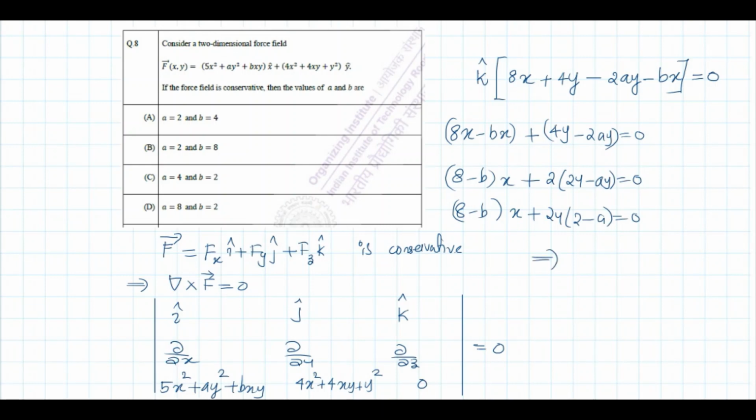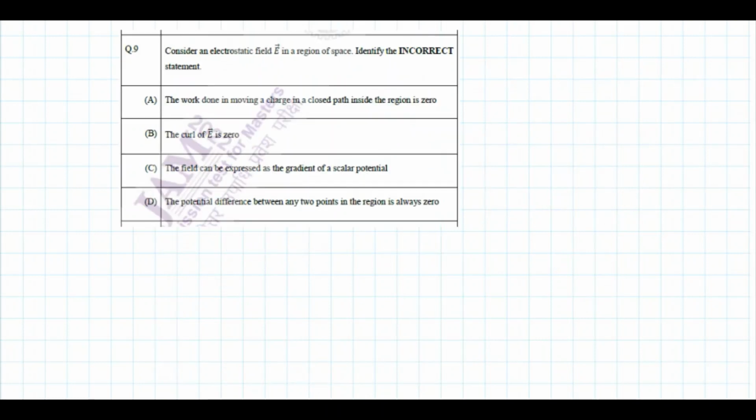This implies b equal to 8, a equal to 2. Correct option is a equal to 2, b equal to 8, option B.